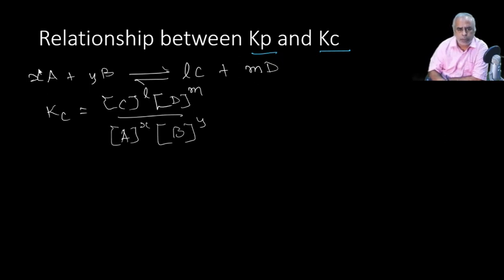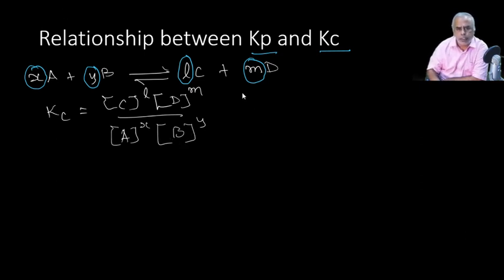So let me consider x moles of A, that is the molar coefficient of A, y moles of B, they react in an equilibrium to give l moles of the product C and m moles of the product D. Therefore, we can write Kc is equal to [C]^l [D]^m divided by [A]^x and the concentration of B to the power y.